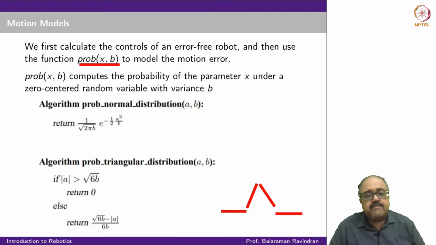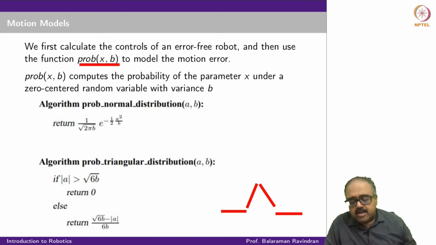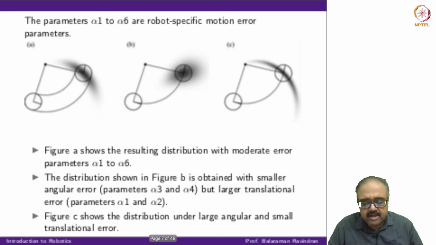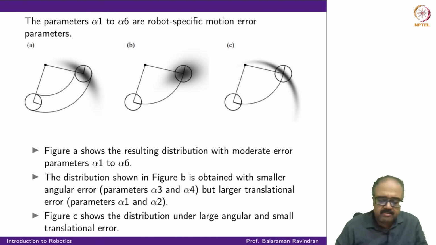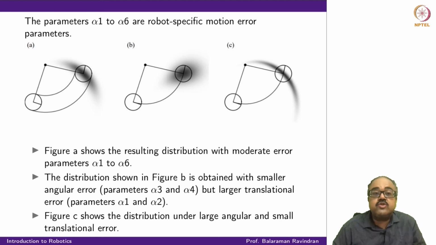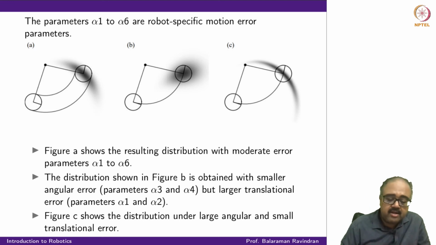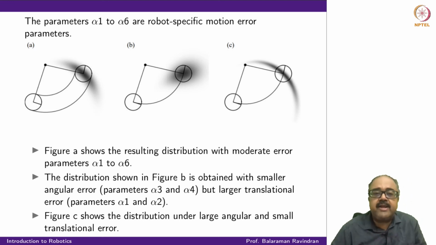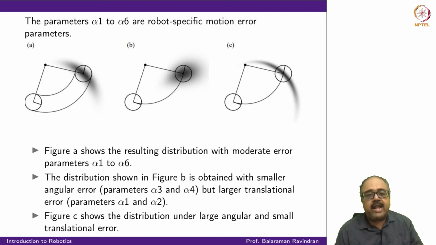So, this is one way of looking at it, where I am actually returning the probability to you. Here is an example. Remember I told you alpha 1 to alpha 6 are the ones that control how much noise is there in the model, and so here are 3 different predictions made by this motion model, based on different values of alpha. The first figure has a moderate value for alpha 1 through alpha 6.